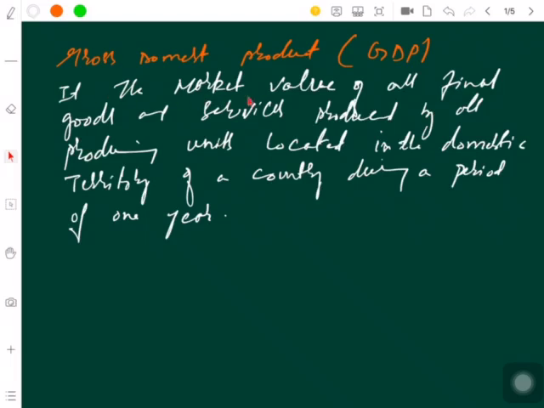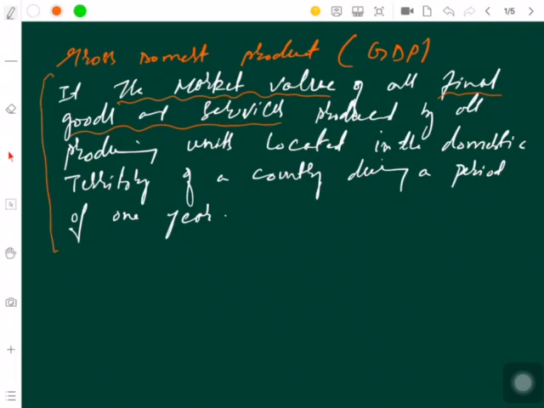Now see, look at the definition. It is the market value. The first and foremost thing we are talking about is the market value of all final goods and services. I am not emphasizing these very terms time and again, because I have already explained these terms. Each and every word has been explained. So you may now be able to hold the definition together.